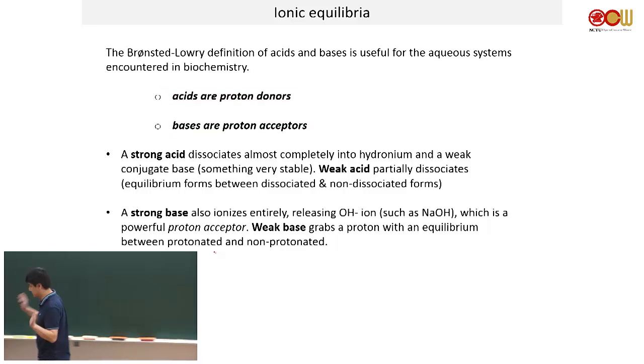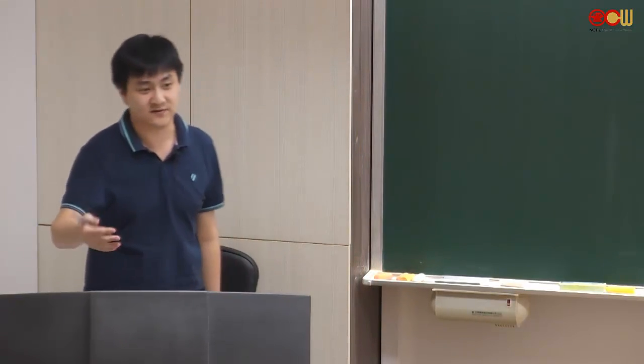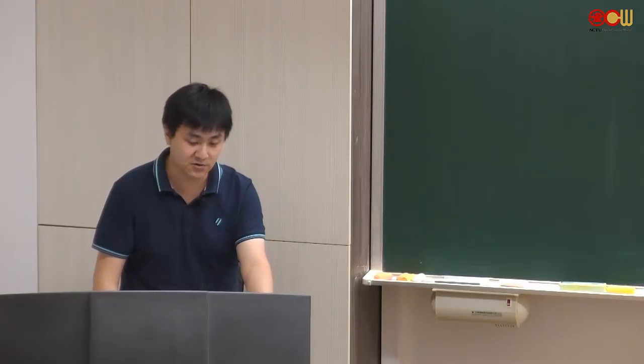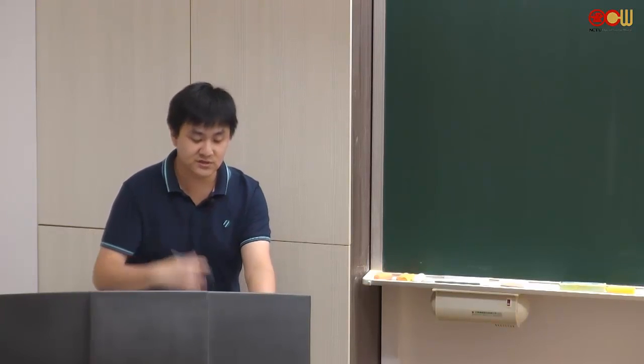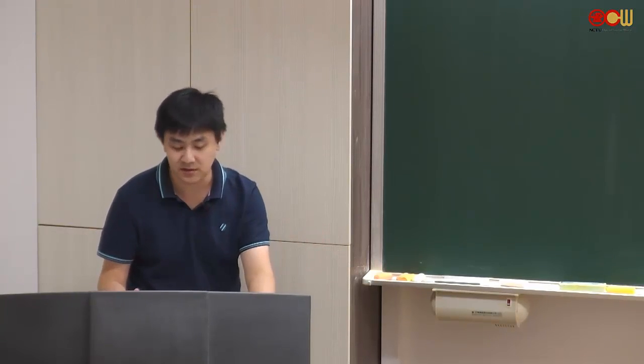That's very simple for biochemistry. Of course, in organic chemistry, you usually take the Lewis acid and Lewis base definition. But for the biochemistry that we will see, at least at the undergrad level, we're pretty happy with the Bronsted-Lowry definition.